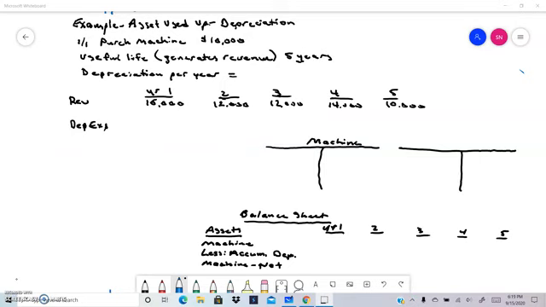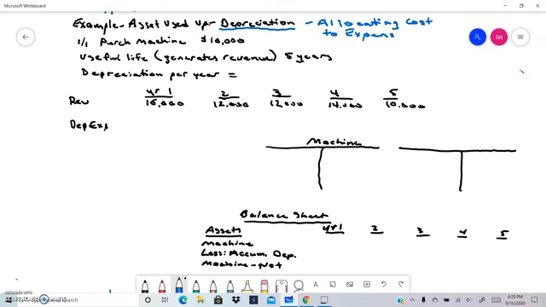All right, another example of an asset being used up are long-term assets, fixed assets. An example would be, say, a machine or equipment or a factory. Those machines are going to be depreciated, and depreciation is a way of allocating the cost of that asset to expense over its useful life.